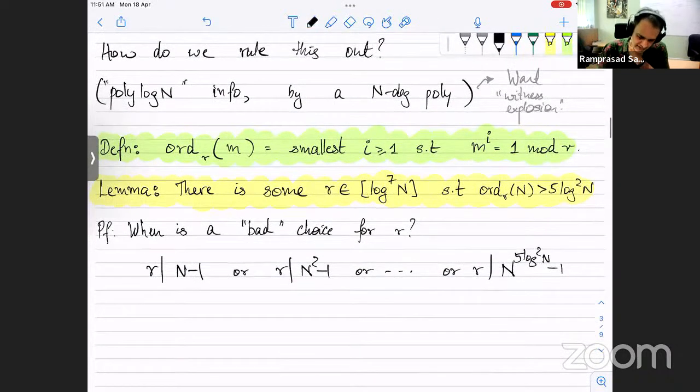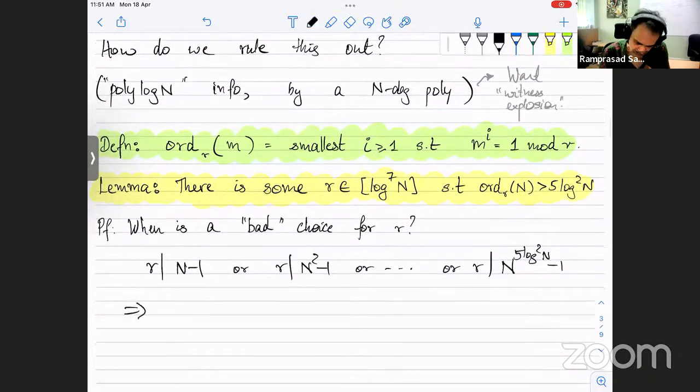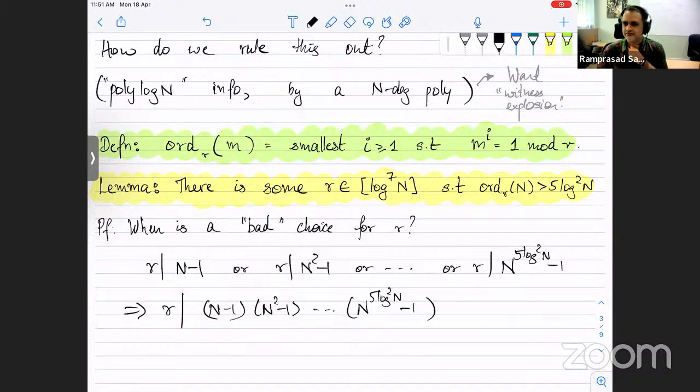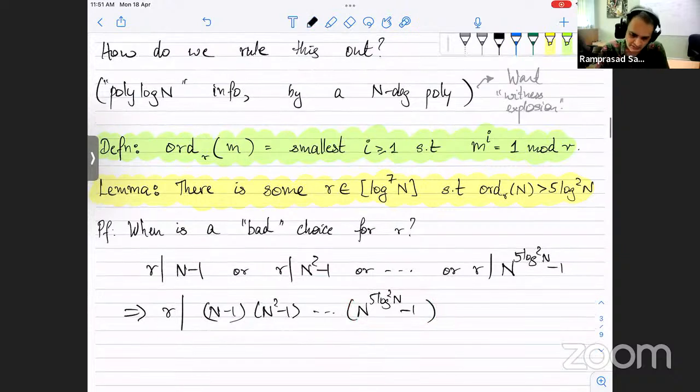Okay, so if this happens, then an obvious thing is that R must divide this big product: n minus 1 times n squared minus 1, and so on till n to the power 5 log squared n minus 1. What's a stupid bound on the right hand side? This is at most n, this is at most n squared, n cubed, all the way till n to the power 5 log squared n.